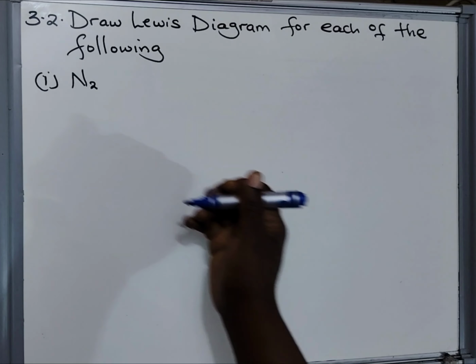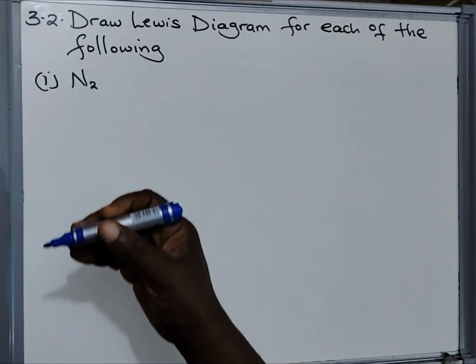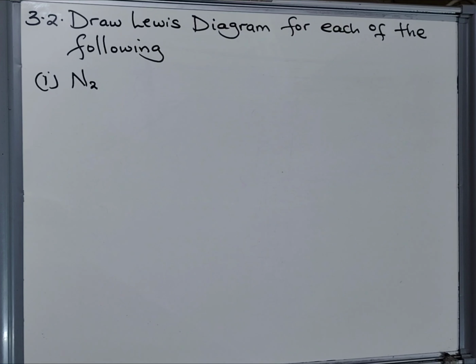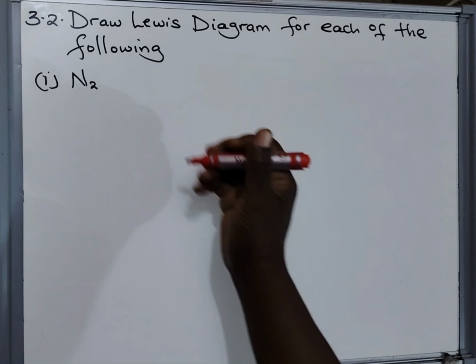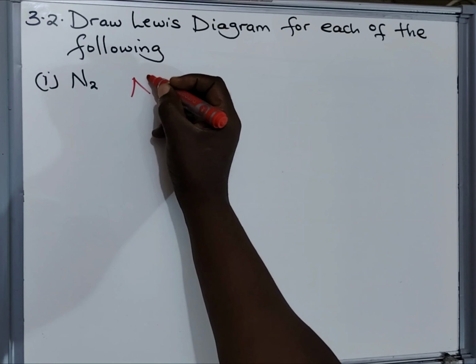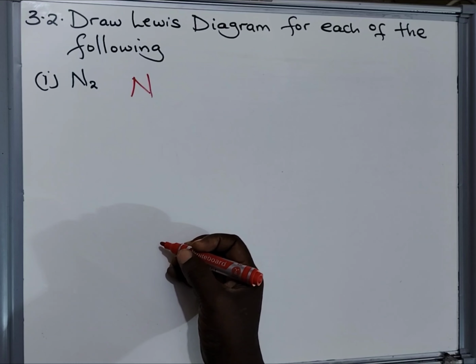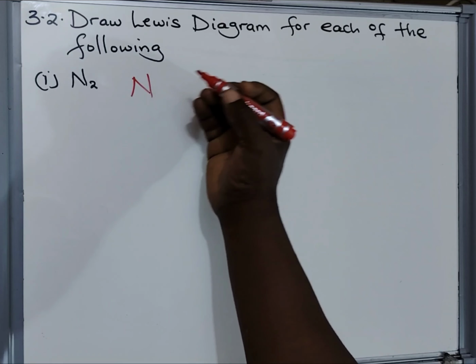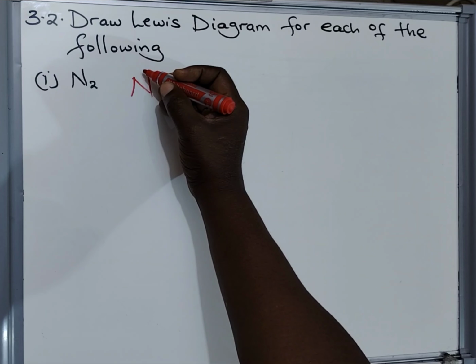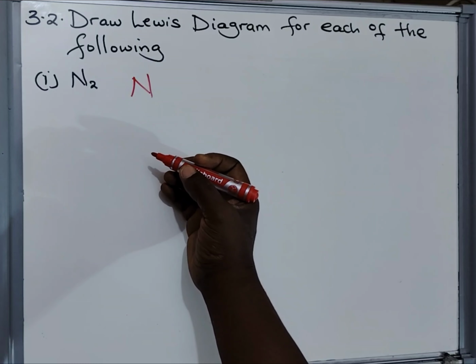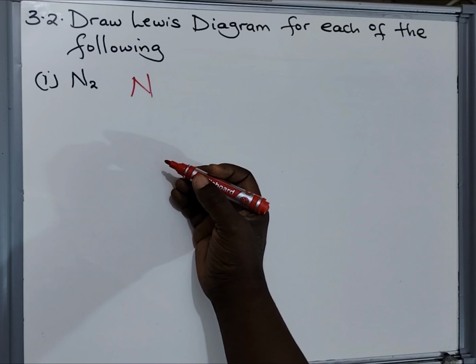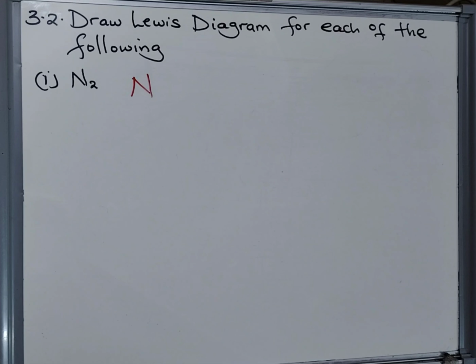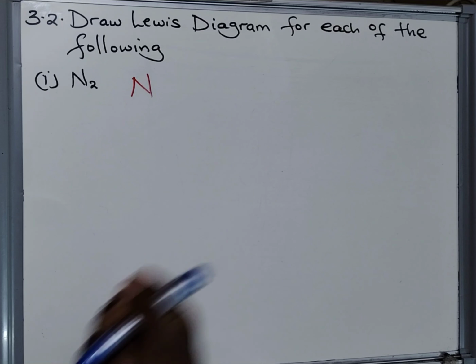Okay, this is what you have to know, that nitrogen belongs to group 5, or 15 for some people. So group 5 has 5 valence electrons. So how do you distribute them?